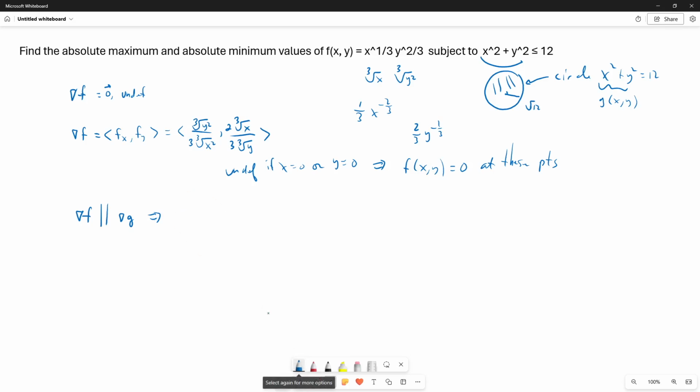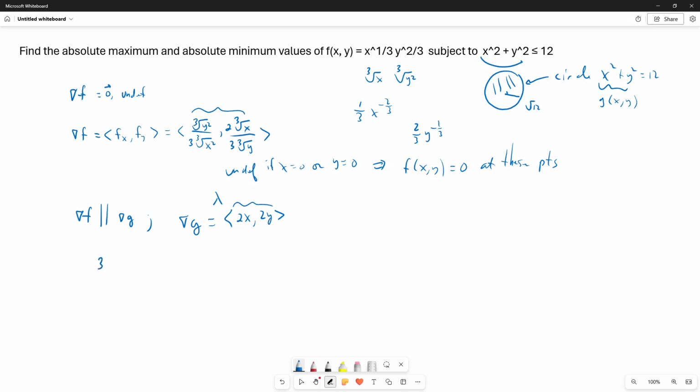But this one has to be a multiple of the gradient of g. So the gradient of g, let's just calculate that. The gradient of g, simple enough, is (2x, 2y). g_x is 2x, g_y is 2y. So we want this vector here to be lambda times this vector.